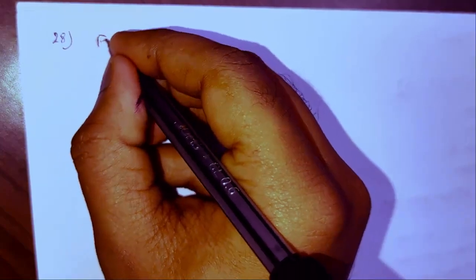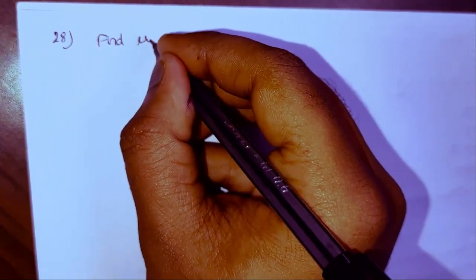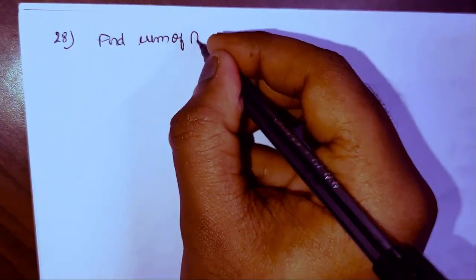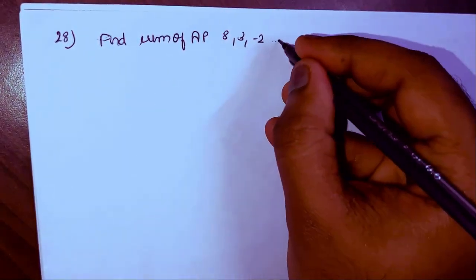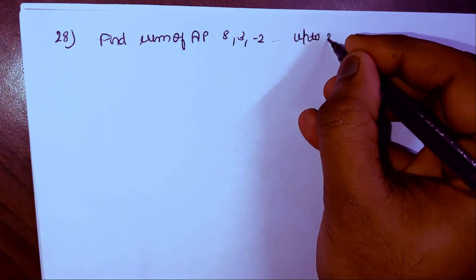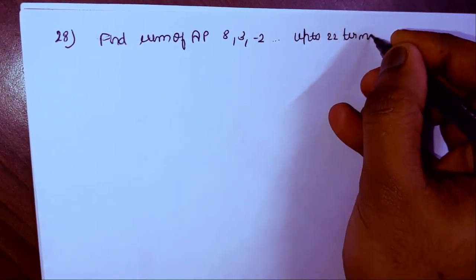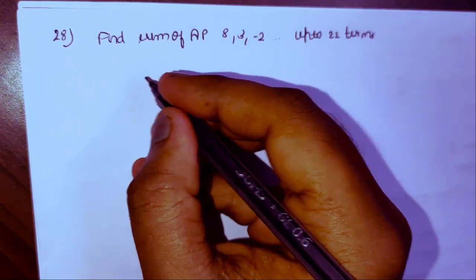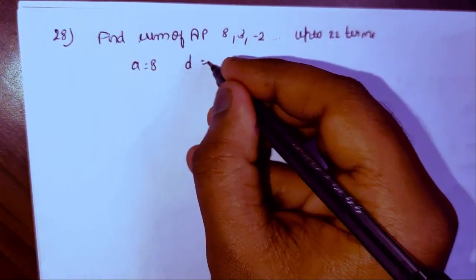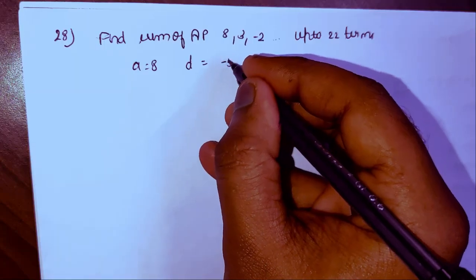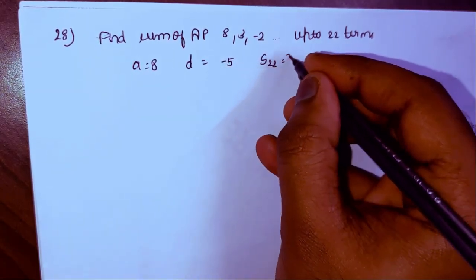Next question, we'll solve this. Find the sum of the arithmetic progression 8, 3, minus 2, and so on up to 22 terms. Here a is given, that is 8. Common difference we know, that is 3 minus 8, that is minus 5. We have to find S22.